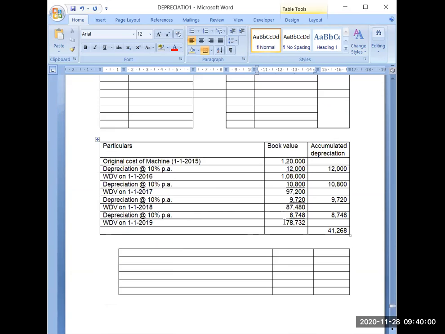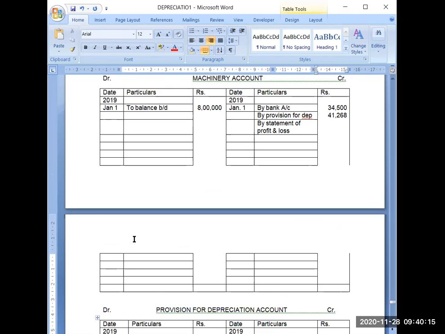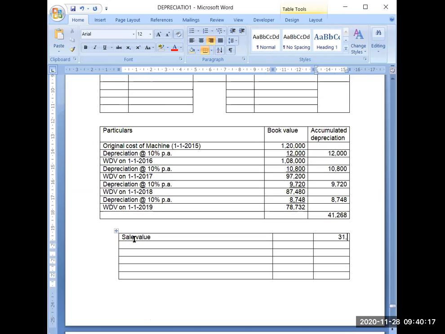We will deduct the written down value as on 1st January 2019, 78,732.